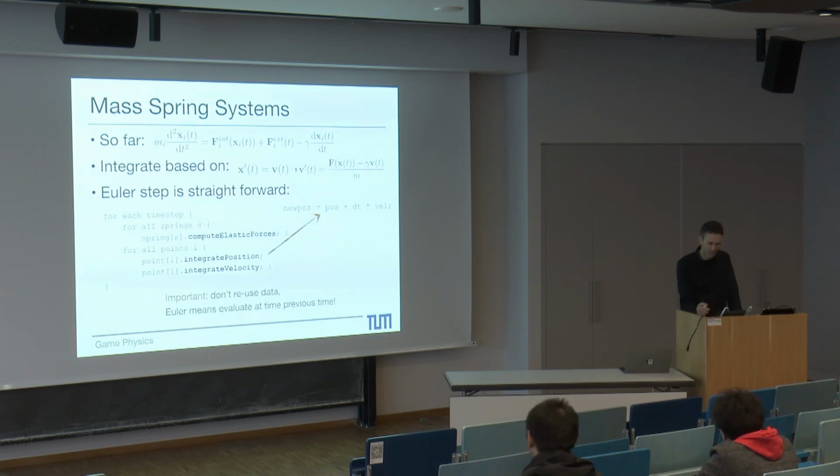If you are not careful in the implementation and just override your position or so, it's important that if you want to implement an Euler step, no information from the new step should come into the picture here. So for normal Euler, this should be completely separate: time t and t plus h. Please check this in your implementations, or at least mentally, they're different quantities. So it's important not to mix.